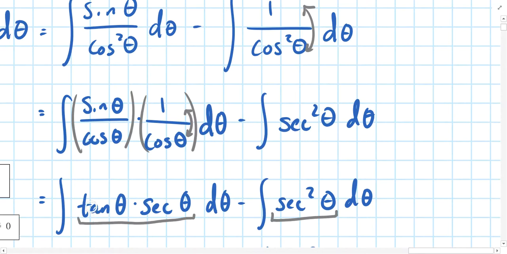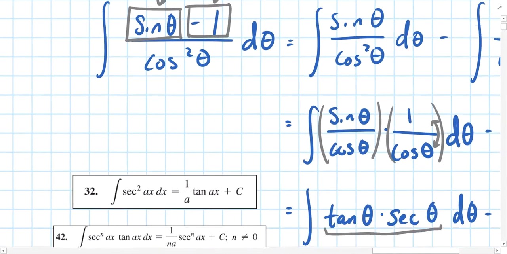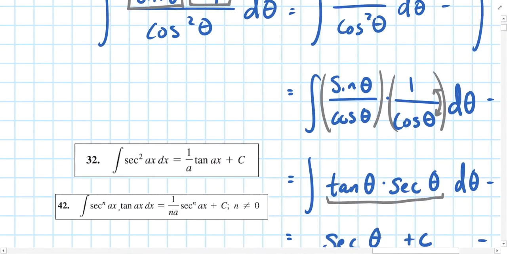The antiderivative of tangent times secant comes to us from rule number 42. It's written in an opposite direction, but it is essentially the same thing, where they're using a and x for their angle measure, but secant of a constant times x raised to some power times tangent of a times x is equal to this format here.